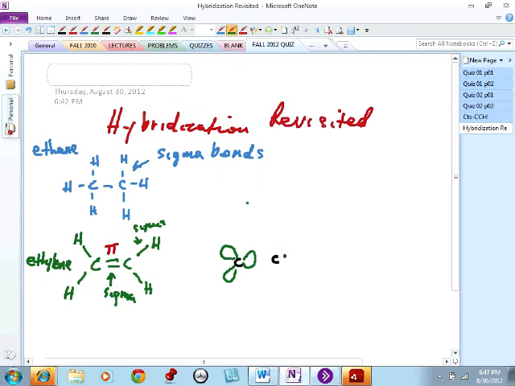We have sp2 hybridized orbital, sp2 hybridized orbital, sp2 hybridized orbital. Now, according to the valence bond theory, of course, each one of these contains an electron.